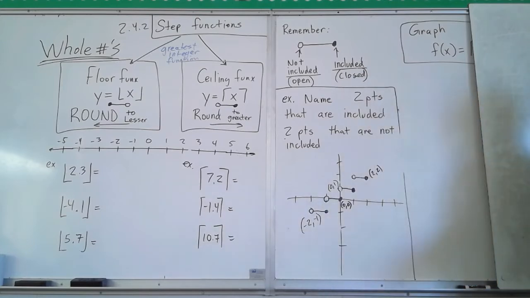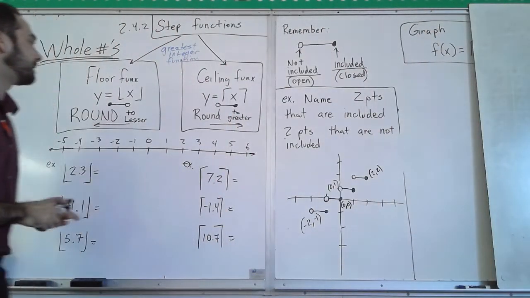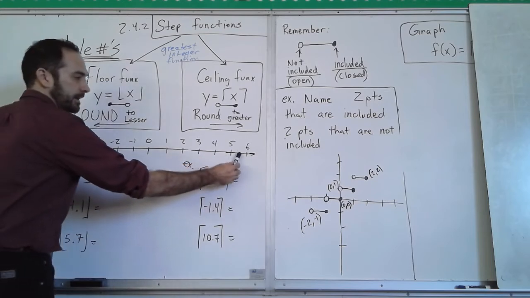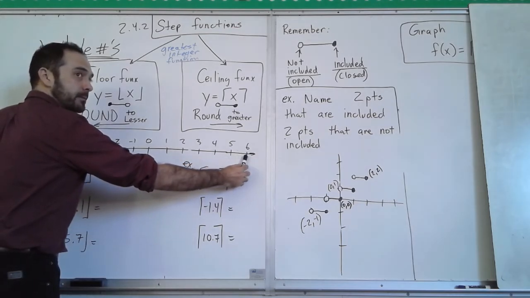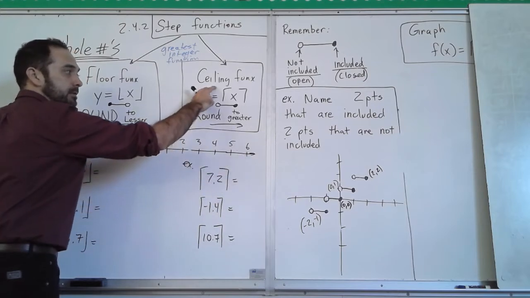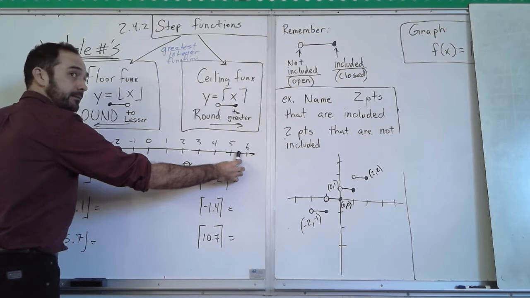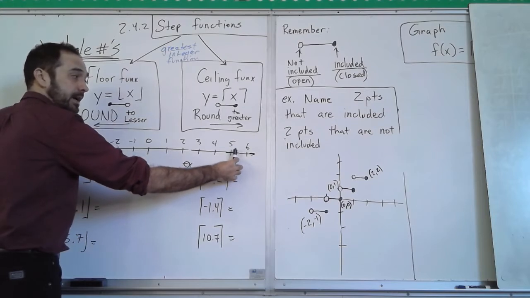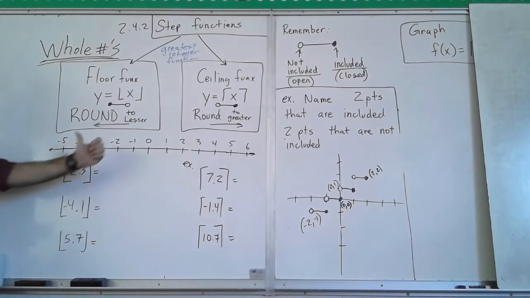So some people are going to have really uncomfortable feet, but we have to decide: if you have a size 5.5, then you're going to have to wear a size 6 shoe, right? That would be the ceiling function because we'd be rounding to the greater number. But if you had a 5.5 and you had to wear the size 5 shoe, that would be the floor function, which is rounding to the lesser number.